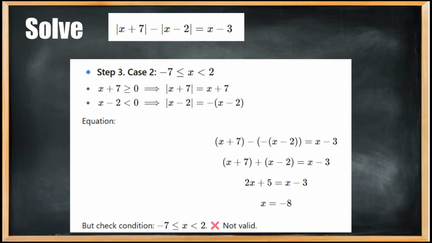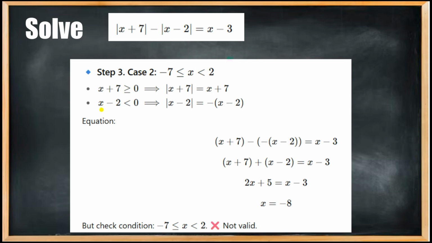So this was the second interval which we had. Here, if you consider any value between -7 and 2, consider -7, then x plus 7 will become 0. So 0 equal to 0. Or consider a value here and it will be a negative value.